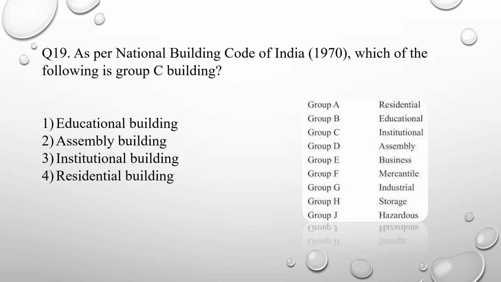In the word residential, the first alphabet is R. In educational, E. In institutional, I. For assembly, A. For business, B. For mercantile, M. For industrial, I. For storage, S. And for hazardous, H. So remember the first alphabet of each word: R E I A B M I S H. So "Riya Abmish" is the alphabetical series for this.